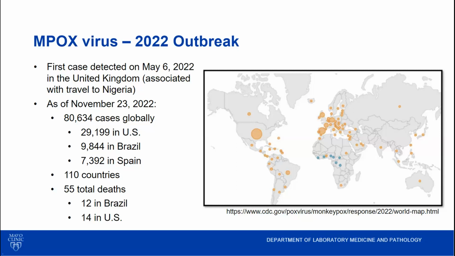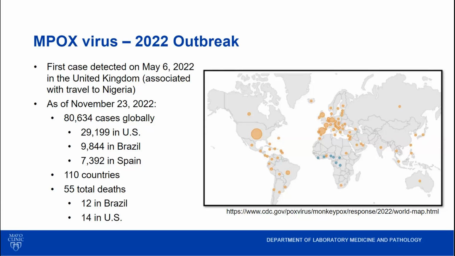The United States is leading the way at close to 30,000 confirmed cases, Brazil at over 9,800 cases, and Spain at approaching 7,400 cases. We're seeing MPOX virus in 110 countries, the majority of those being in areas where MPOX has been considered non-endemic, so in areas where we haven't seen this particular virus causing outbreaks in the past.